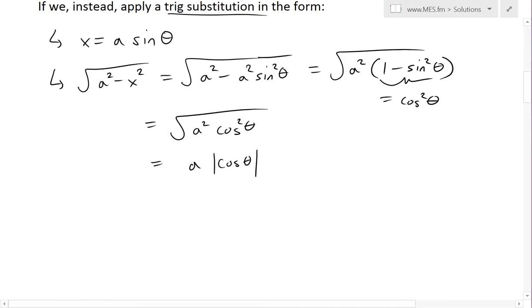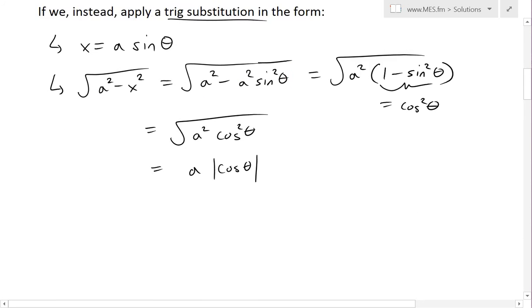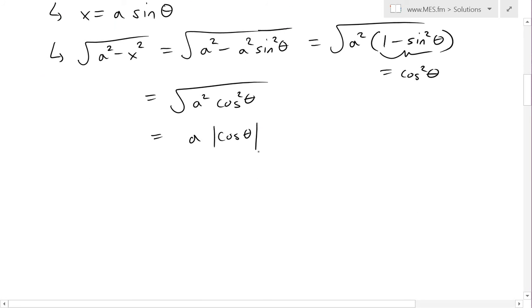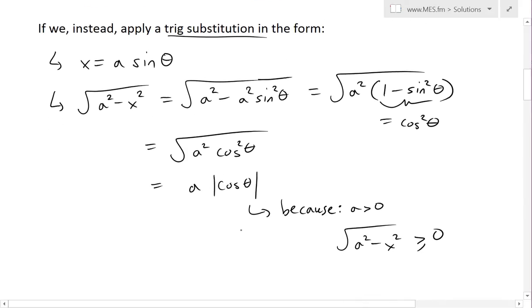Since we're given that a is greater than 0, this has to be positive as well. I'll just write that it's positive because a is greater than 0, and the square root of a squared minus x squared is greater than or equal to 0. As you can see, applying this trig substitution, we're able to simplify it and remove the square root.